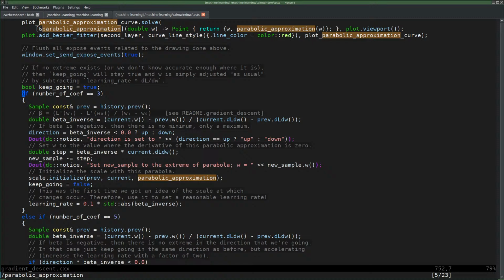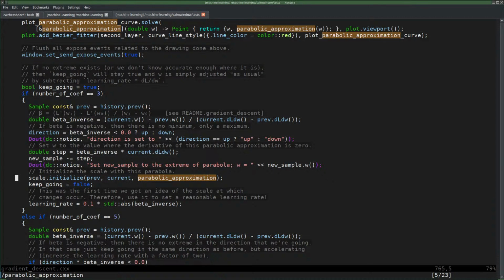If the number of coefficients is 3, then we make decisions. Well, not really we make decisions. I think what we do here is... yeah, in this case I have a parabola, so I just jump to the vertex, I guess.